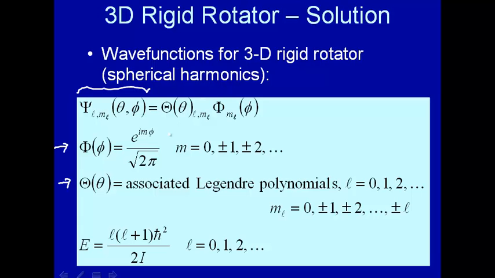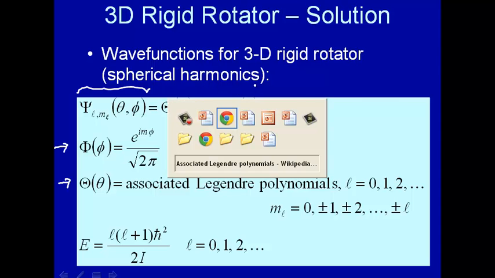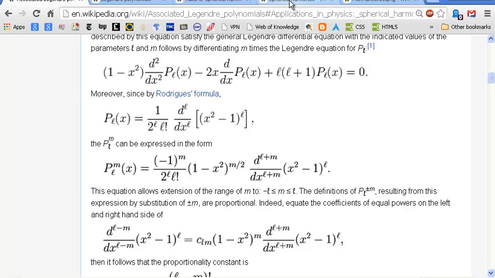So you have two quantum numbers associated with that angle that gives you the latitude on the sphere. Well, that's interesting. So if you solve the Schrodinger equation and express theta and phi in terms of the angles theta and phi, you get what is known as spherical harmonics. Let's take a look at the Wikipedia articles on spherical harmonics.